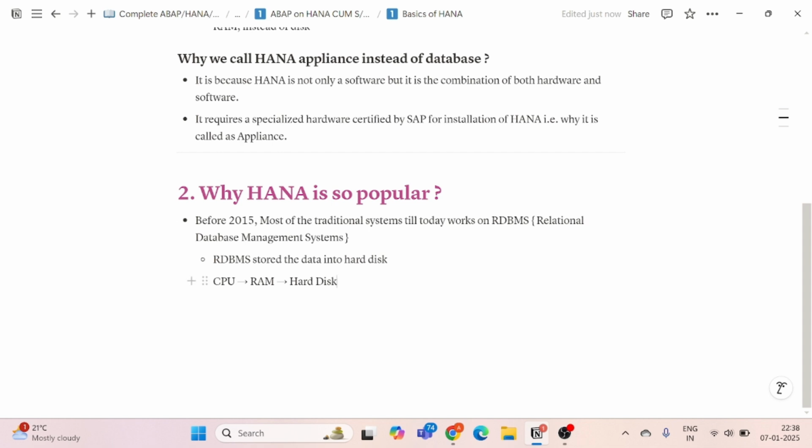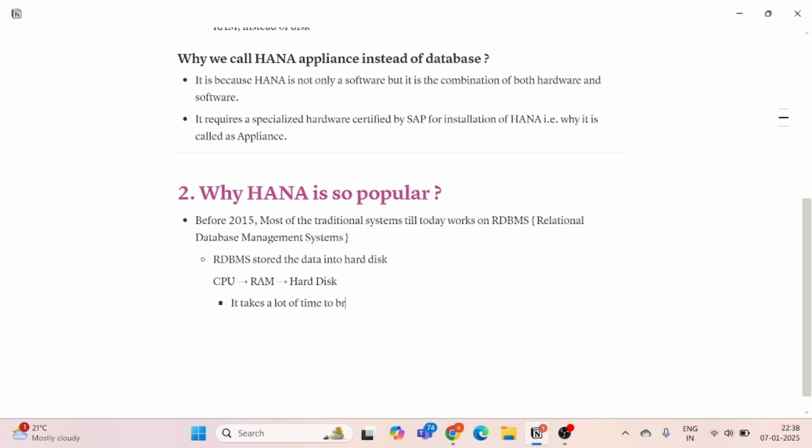So it takes a lot of time. If you have billions of records, it takes a lot of time to bring the data from hard disk to RAM, and because of this, the performance of RDBMS systems is not very high.